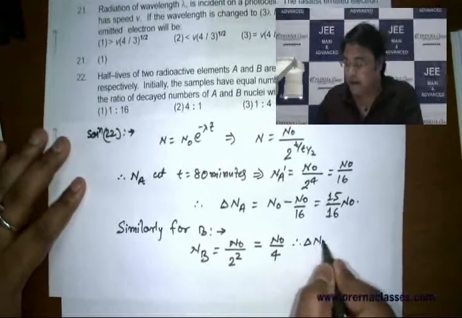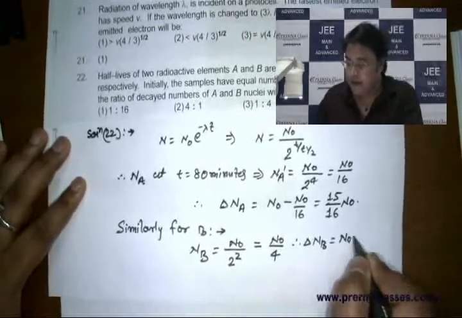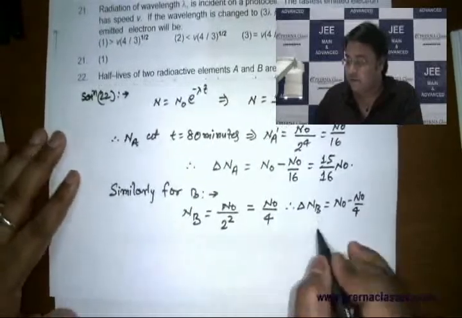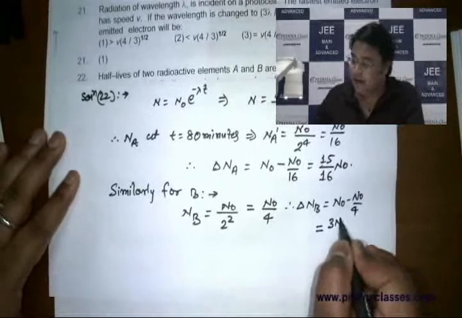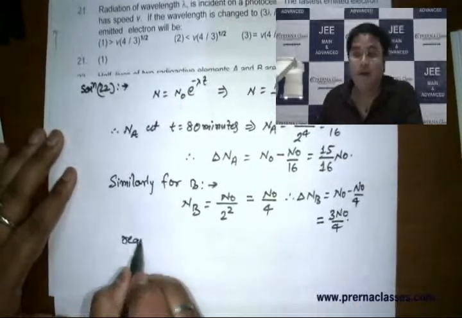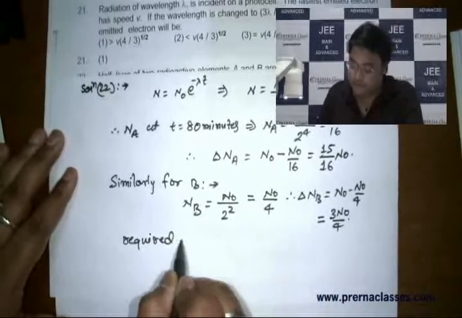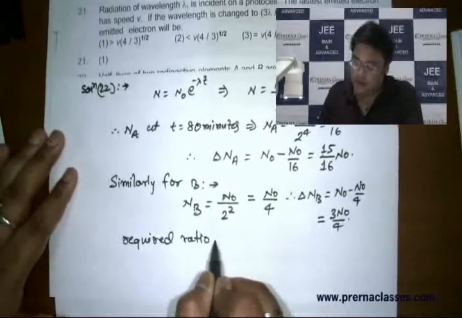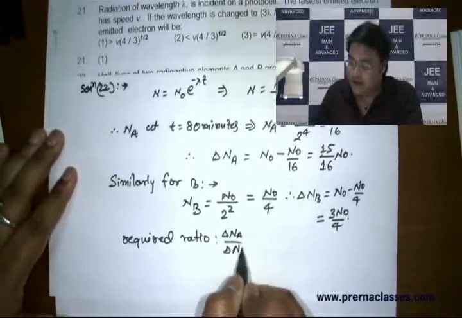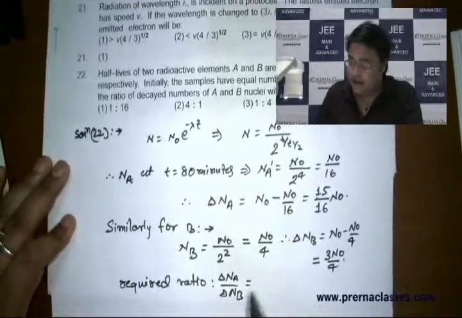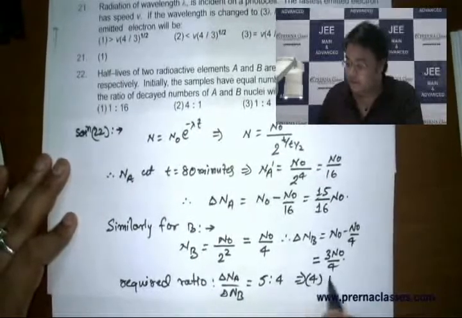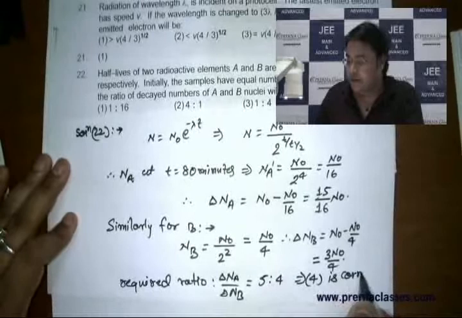Now the number of nuclei decayed, delta N B, equals N naught minus N naught by 4, so you may write it as 3 N naught by 4. Now the required ratio is delta N A by delta N B, and it comes 5 by 4. That implies option 4 is correct.